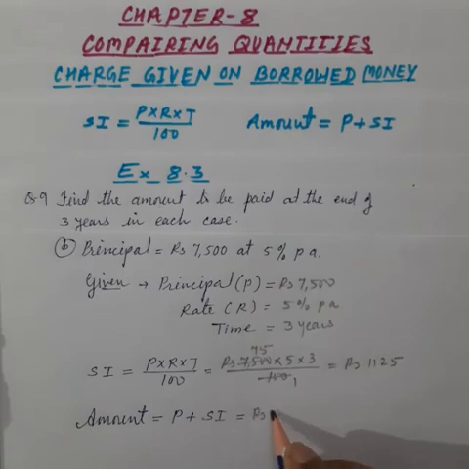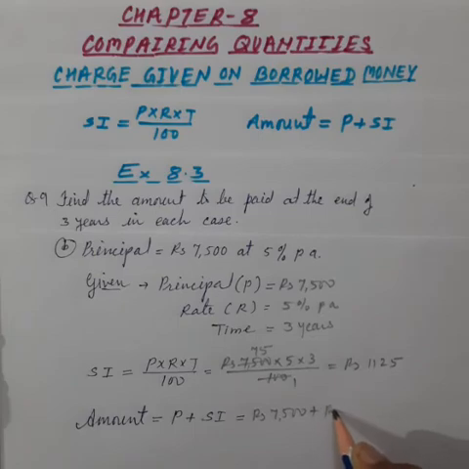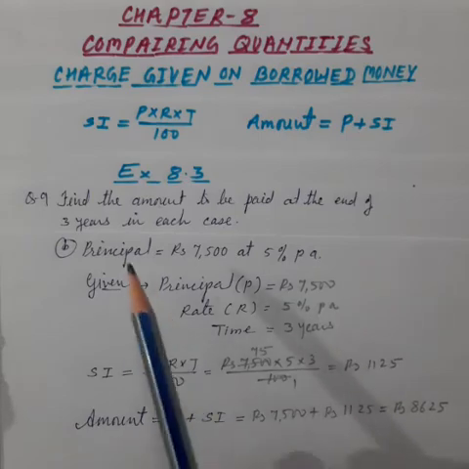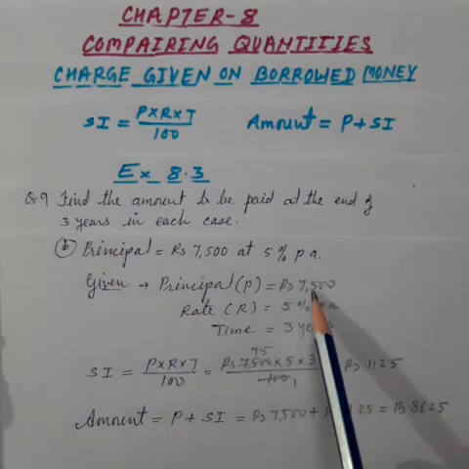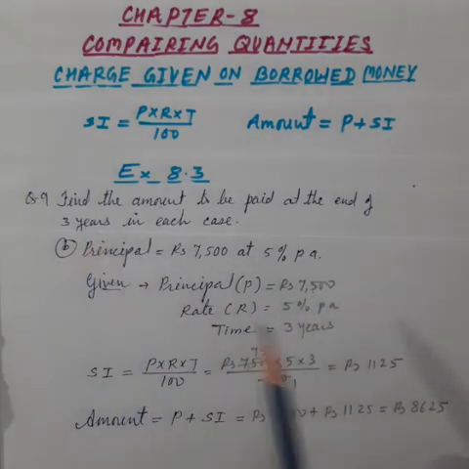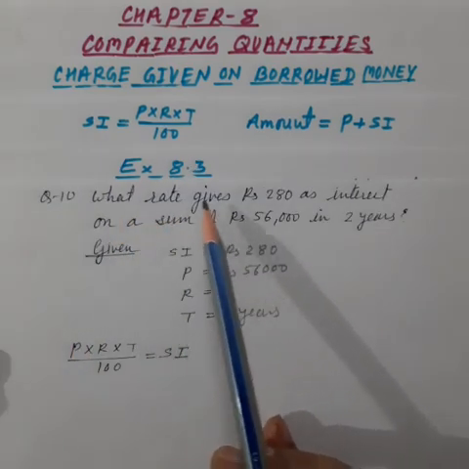Principal is rupees 7500 plus simple interest is 1125 and the total is rupees 8625. So the amount to be paid on rupees 7500 at the rate of 5% per annum for 3 years is rupees 8625.